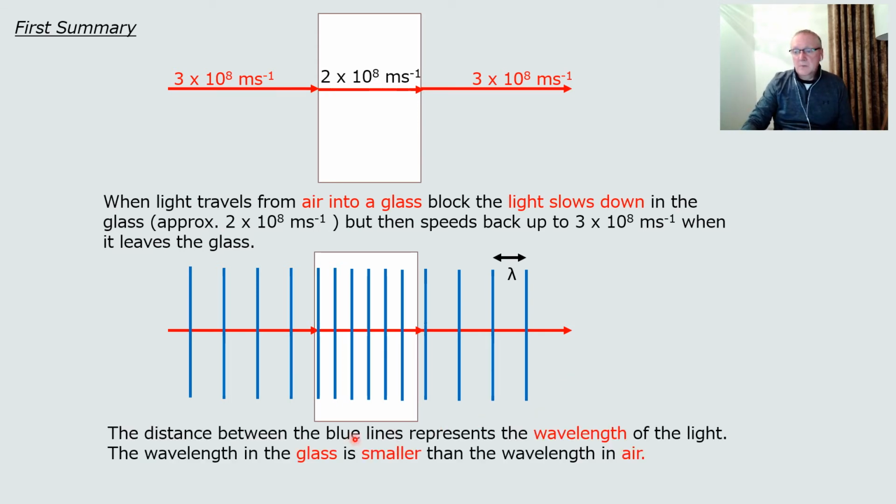The distance between the blue lines is the wavelength, and the wavelength in glass is smaller than in air. So the two learning outcomes from this are that the speed of light in glass is less, and the wavelength of light in glass is also less. So that's the first learning outcome you really need to be aware of.